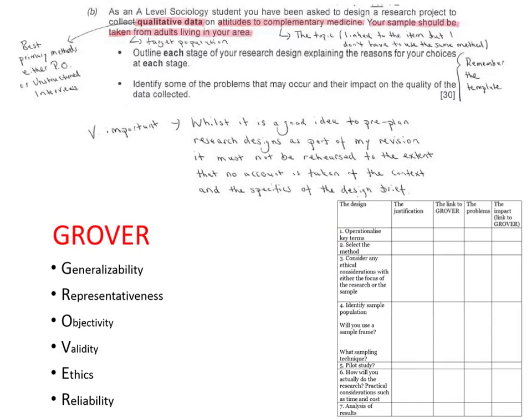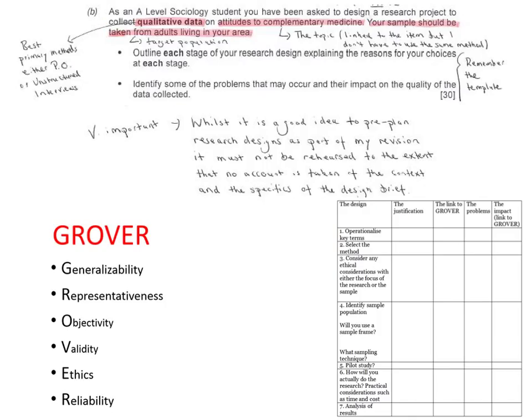The final thing that I really want to emphasise, this is so important, and I'd definitely be thinking about this in the exam. I'd be thinking that whilst it's a good idea to pre-plan research designs as part of my revision, it must not be rehearsed to the extent that in the exam I don't take into account the context and the specifics of the research design.